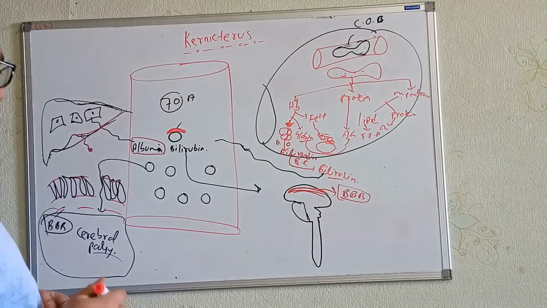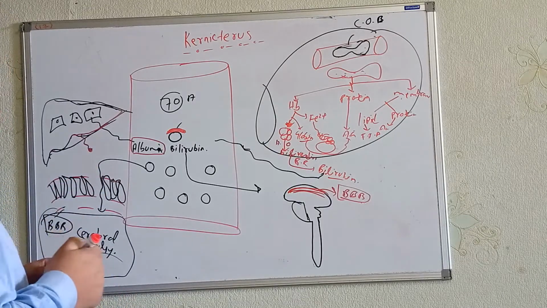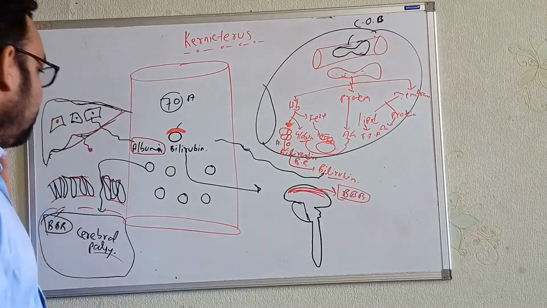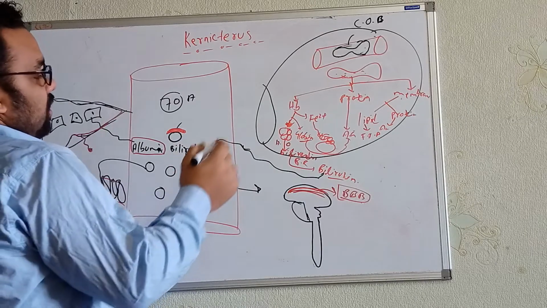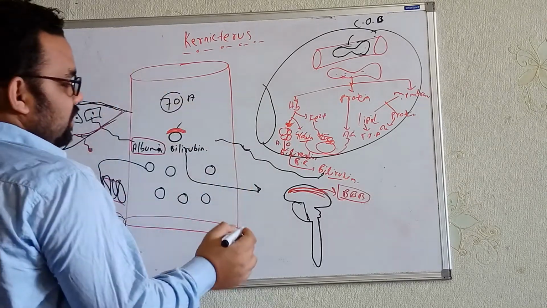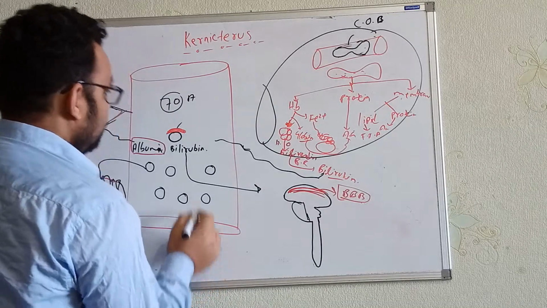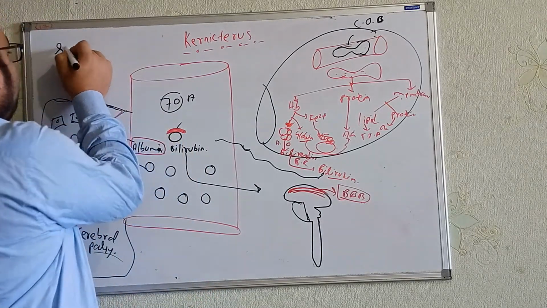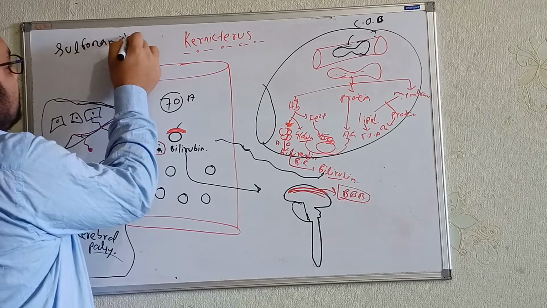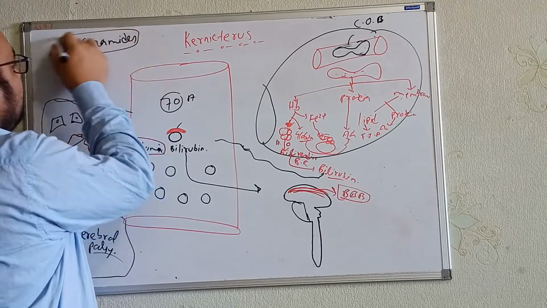The second reason. Let's suppose for any reason we are prescribing the neonates or the babies antibiotics like the sulfonamides. So if you give antimicrobial drugs like the sulfonamides, there are many drugs also.